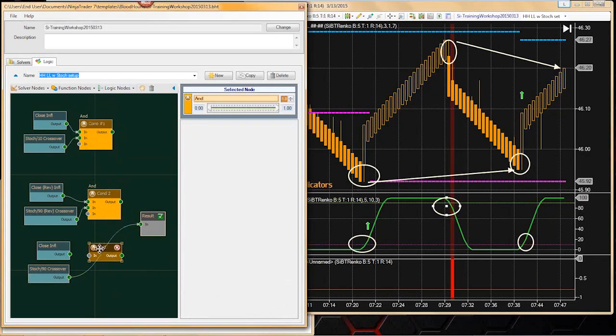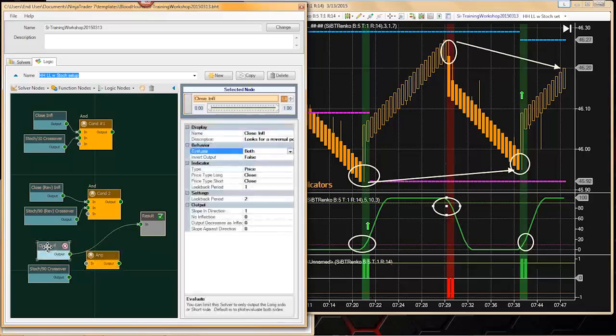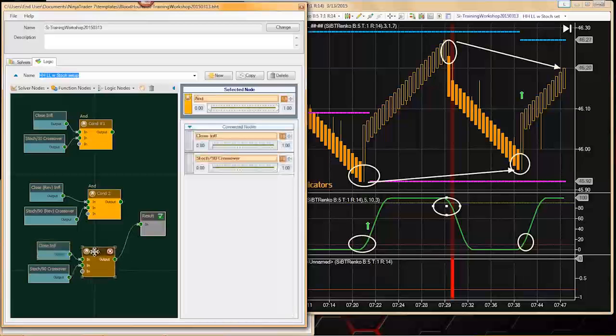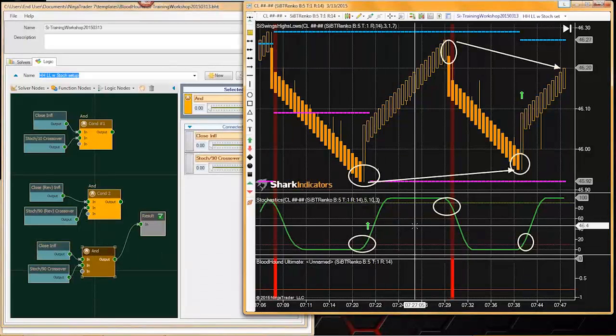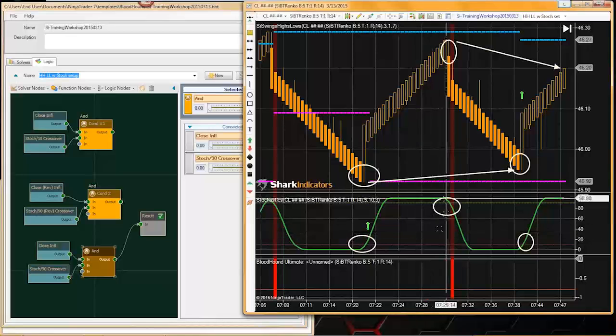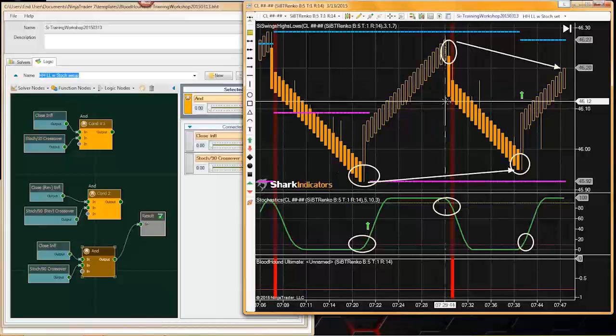All right, use an AND node, and let me just make sure that the inflection solver is giving us a two bar output, and it is. All right, so there we go. So there's our short output, which is, I guess, normal.